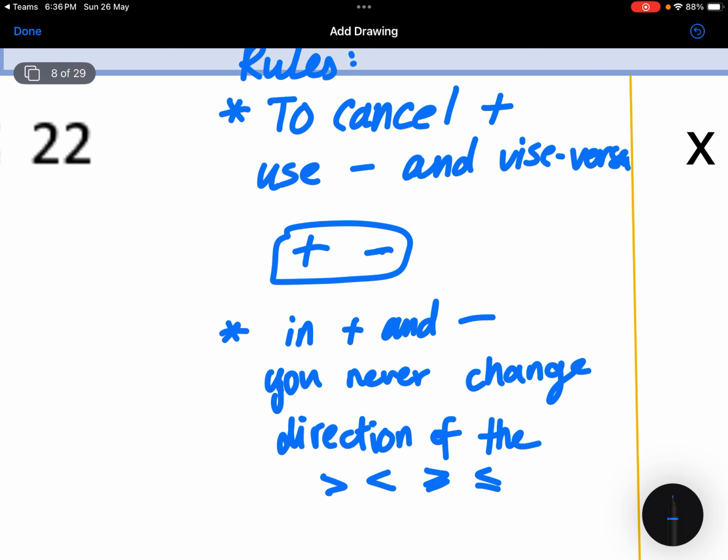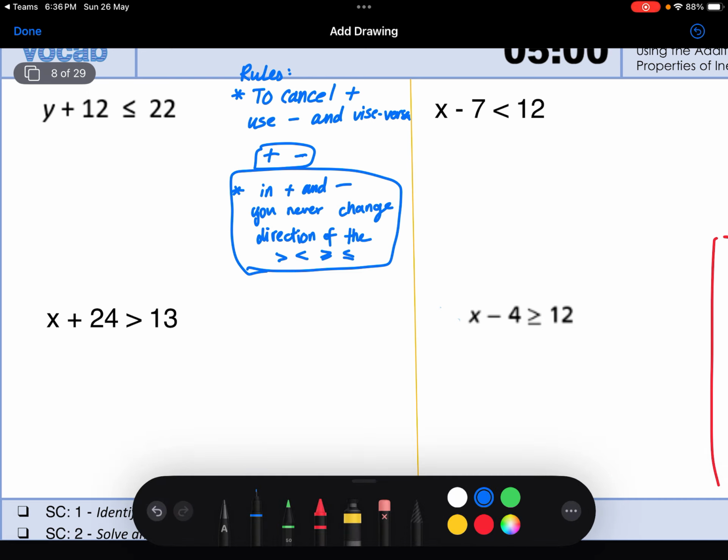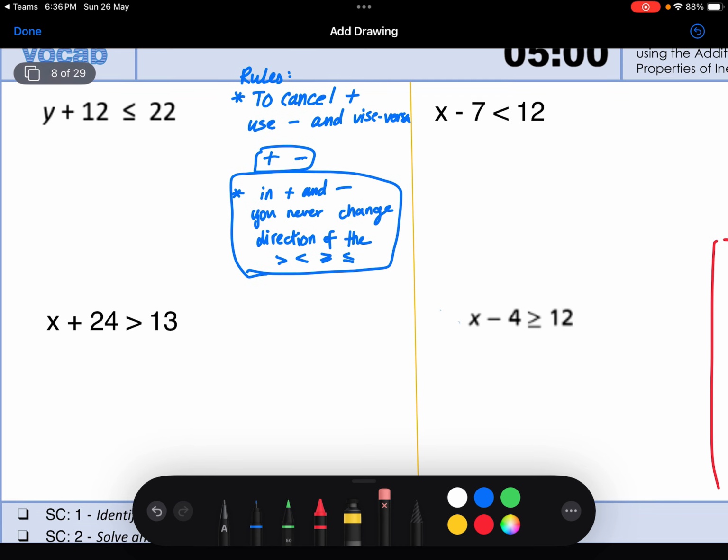You never change it, you never touch it. You have to keep it the same, always. This hint will help us in the next lesson, where it will change. But for addition and subtraction cases, we never change it no matter what. Let's start with the addition as we agreed.